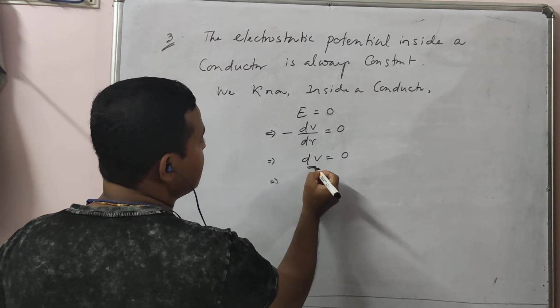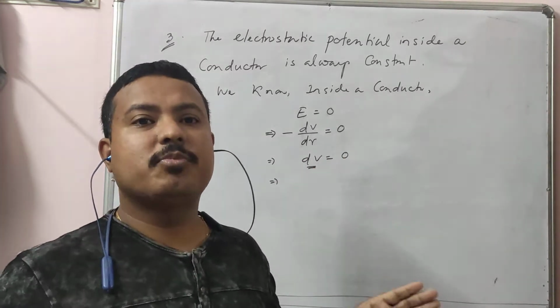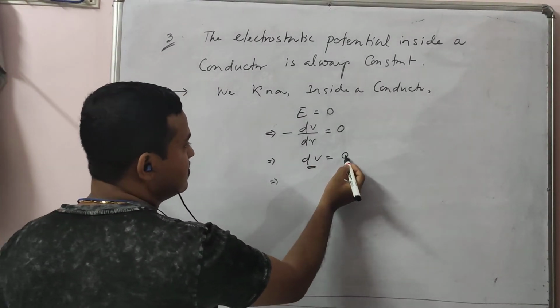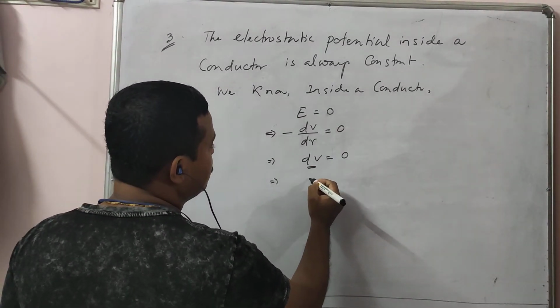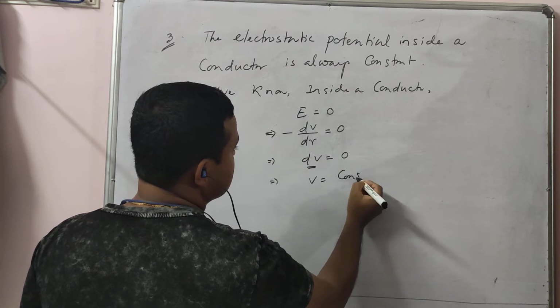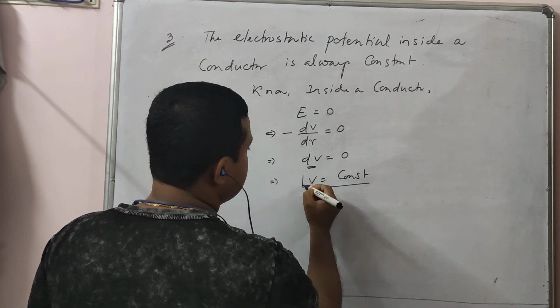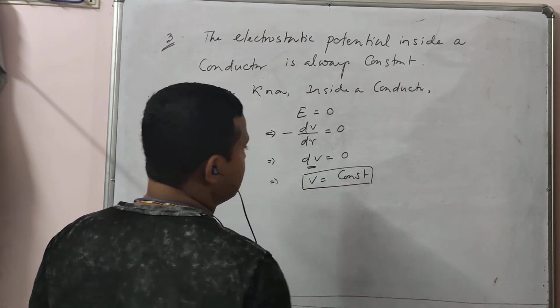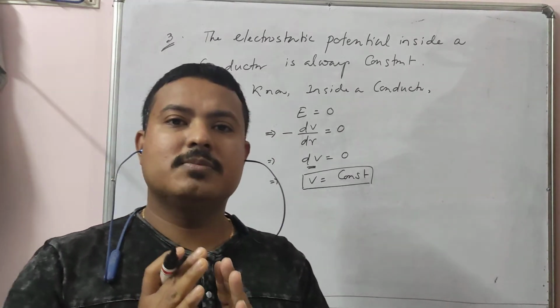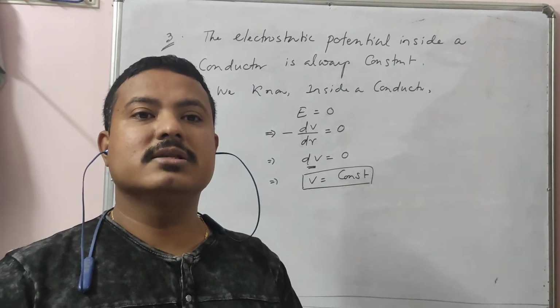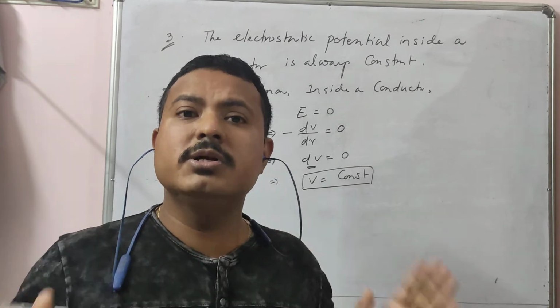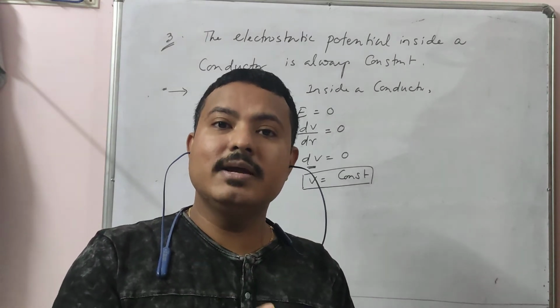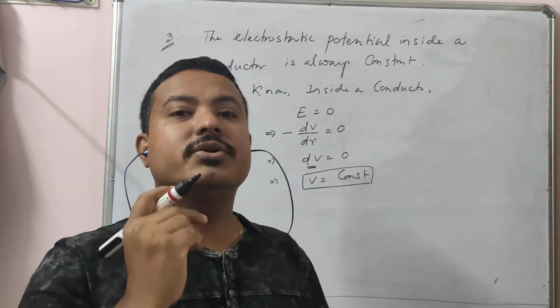Now what is dV? Change in potential. So change in potential is 0. So it means potential is constant. So this is a very important property. That is, the electrostatic potential at every point inside the surface is constant. Constant means what? Its value is the same as the value on the surface.